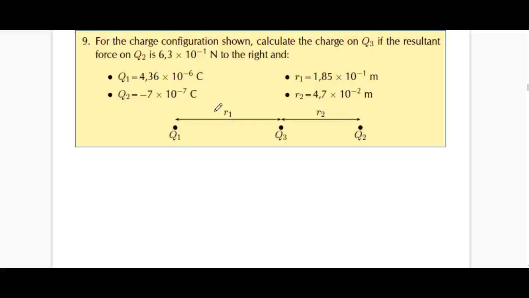Okay, so what happens is that the resultant of the electrostatic force felt at Q2 is to the right, and it is due to Q1 and Q3.